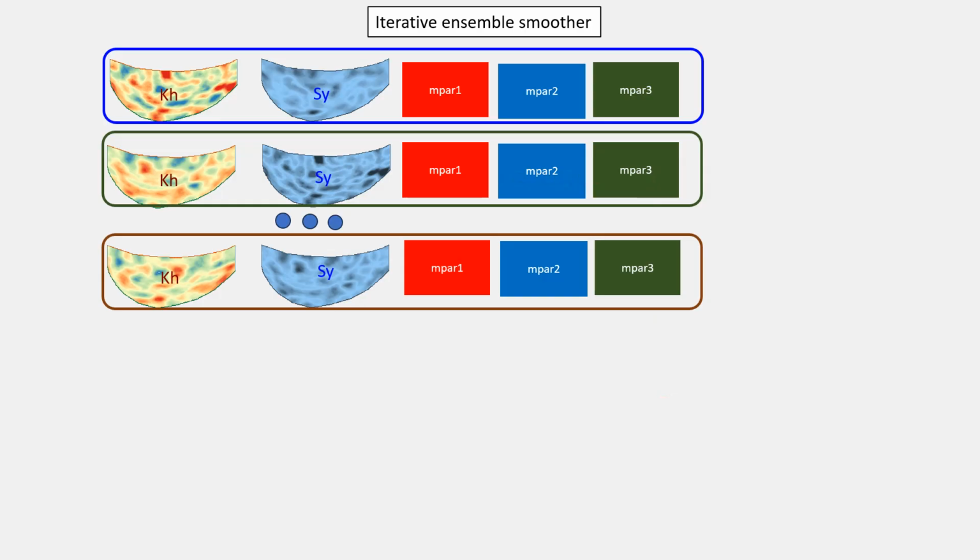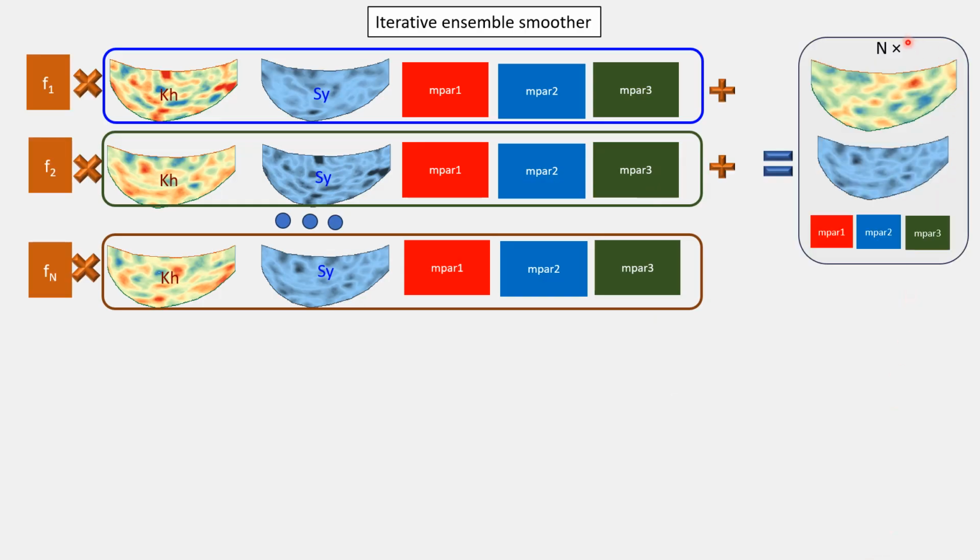IES would then do its magic and estimate n sets of parameters, n realizations, where n is the number of realizations. It would try to sample the posterior probability distribution by effectively, this is not actually what it does, but it does something similar, estimating factors by which these are multiplied before being added together to give us new realizations which now sample the posterior parameter probability distribution.